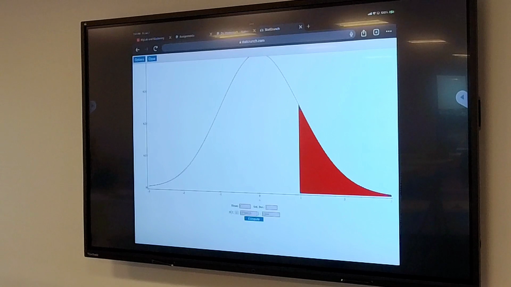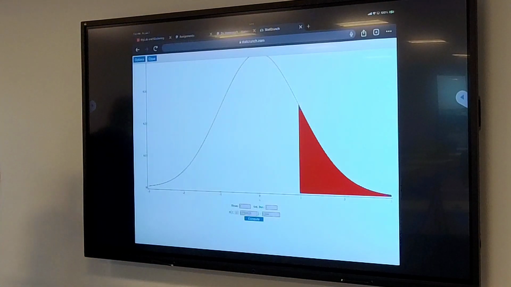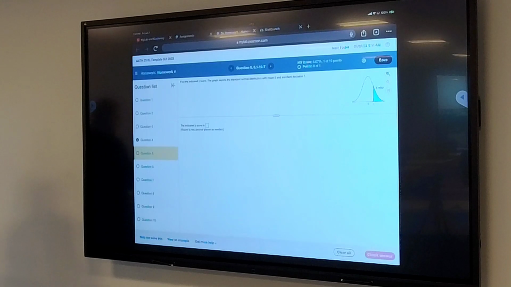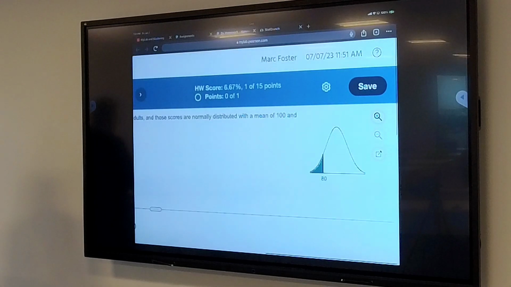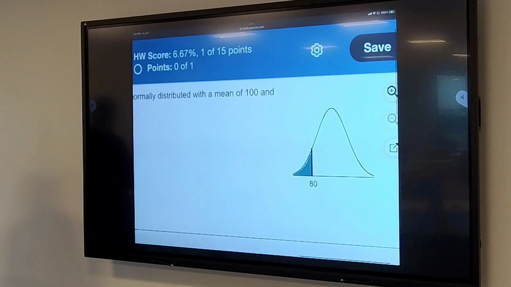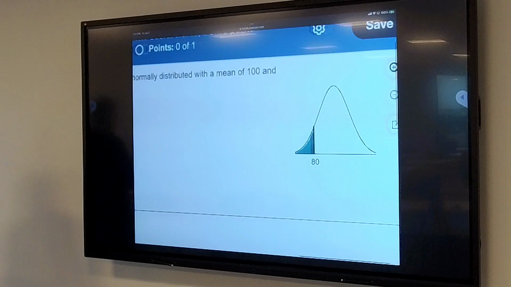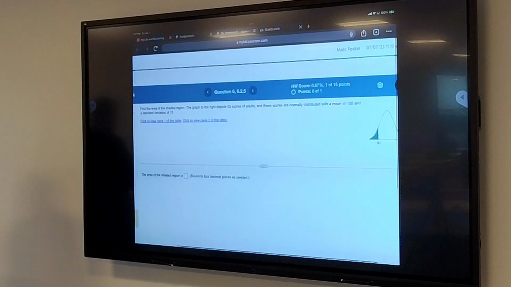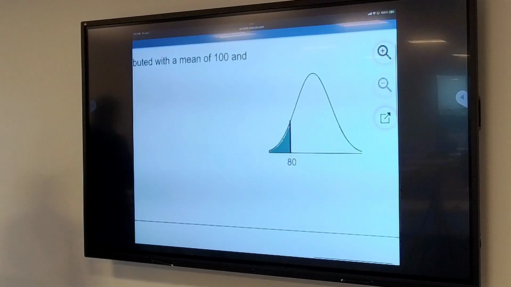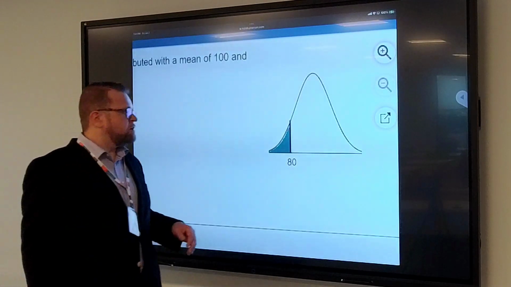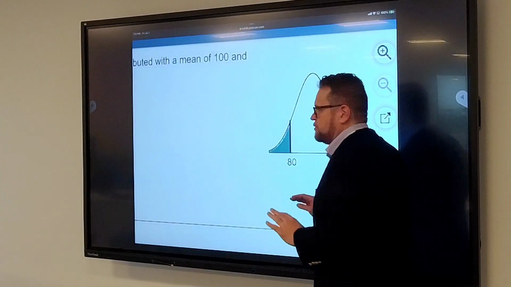And the next one, they have some context to the problem. It's about blood pressures, or it's IQ scores, excuse me. They said that IQ scores have an average of 100, standard deviation of 15. What does this area mean to us?